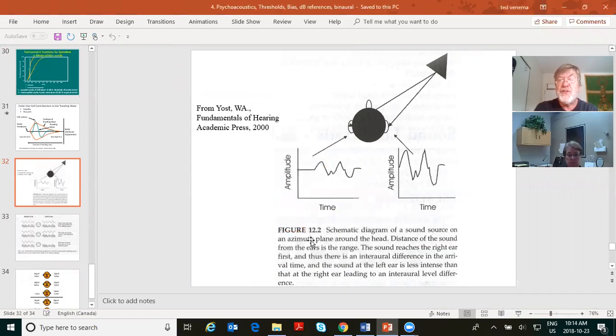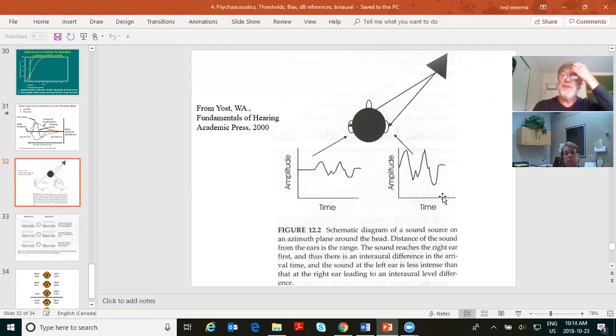Distance of the sound from the ears is the range. The sound reaches the right ear first, and thus there is an interaural difference in the arrival time. And the sound at the left ear is also less intense than the sound at the right ear, leading to an interaural level difference or intensity difference.